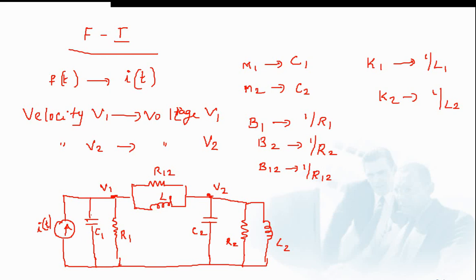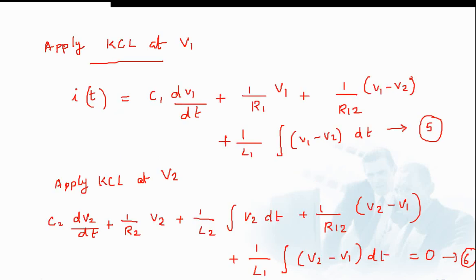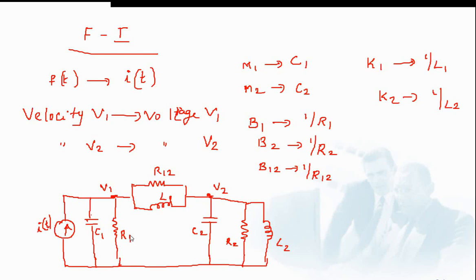But for exam purposes, you have to draw the circuit. This one is very important. By looking directly at the mechanical system, you can also draw this circuit. So this is the force voltage and force current analogous electrical circuit, and how to find the analogous electrical circuit for a given mechanical system.